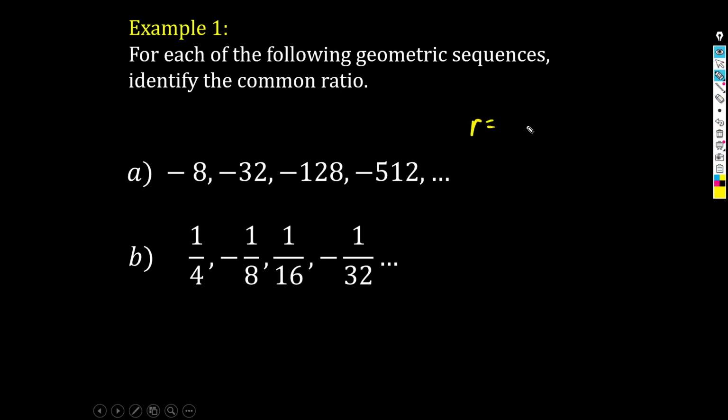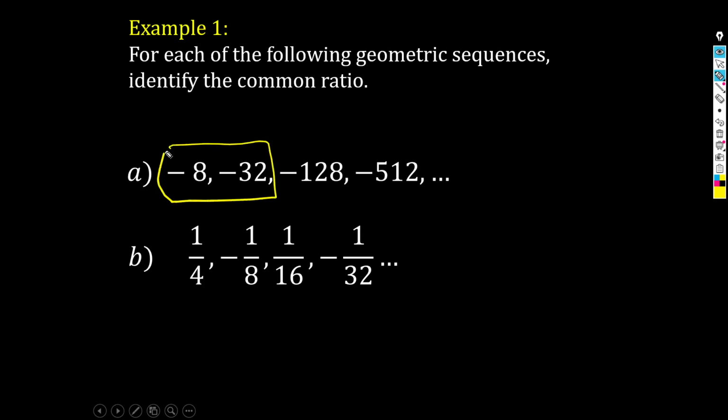Remember, we get the next term by multiplying the common ratio. So the common ratio could be obtained by dividing a certain term, say a sub n, by the previous term, a sub n minus 1. So we take two consecutive terms and then we divide the latter term by the former.